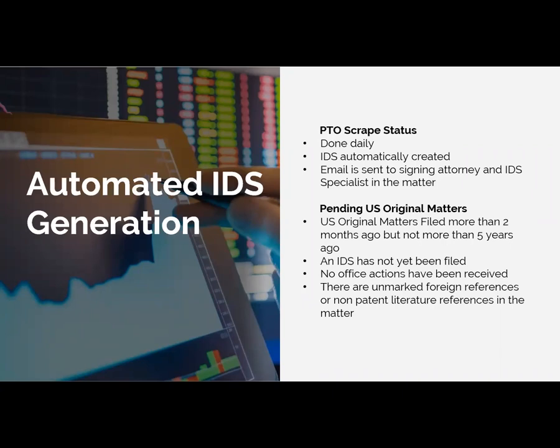So we grab those, and from there we go into our matter management system, which is Foundation IP, and we look at the application and determine if there's any unmarked references that have not yet been submitted on that application. If that's the case, then that's when we would create this IDS.